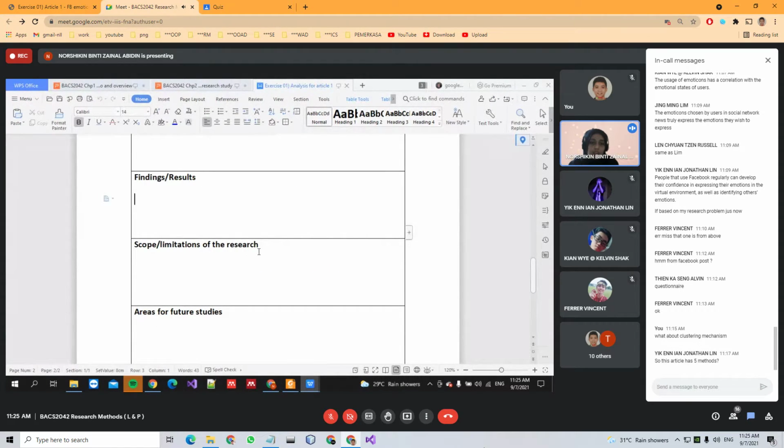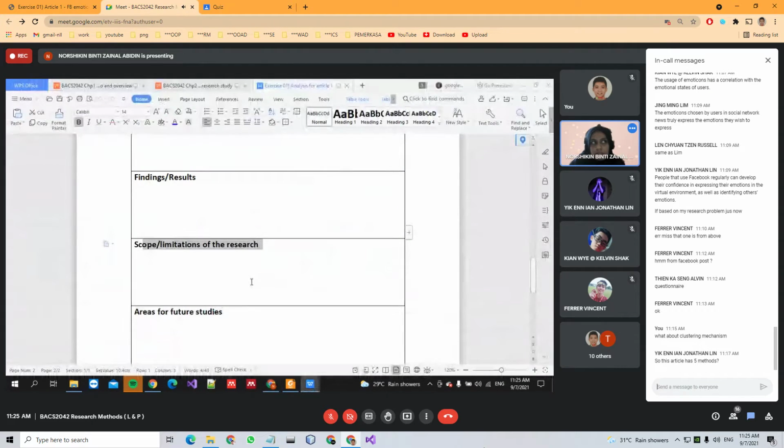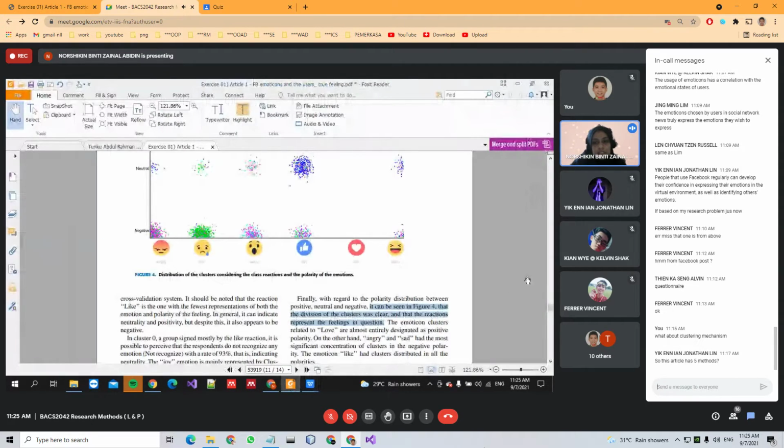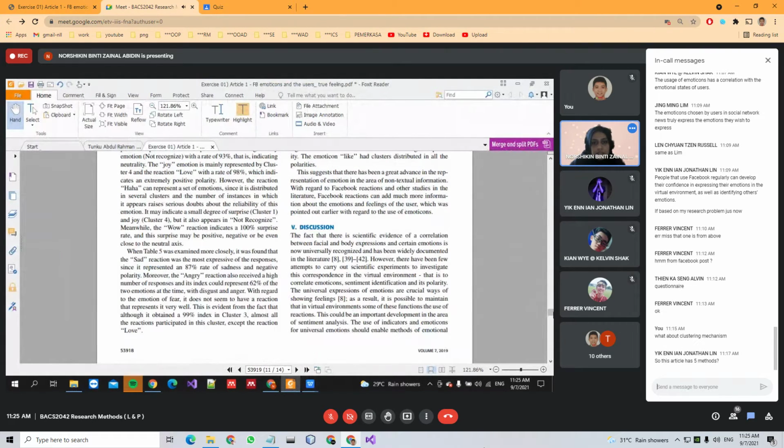Then scope or limitation of the research. The scope or limitation of the research is actually a gap in what the researcher thinks occurs in their problem. So limitation and gap are usually in the discussion section. Where's the discussion?